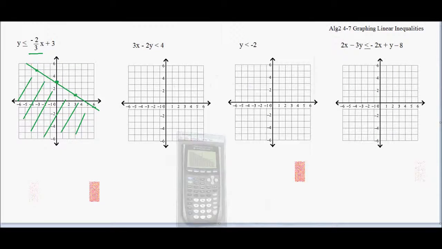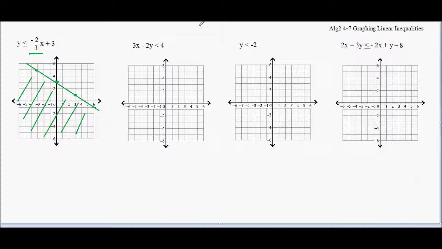Now I'm going to do this one. I have 3x minus 2y is less than 4. I'm going to move the x over, so I subtract 3x from both sides. Then I get minus 2y is less than minus 3x in the front and plus 4 in the back.